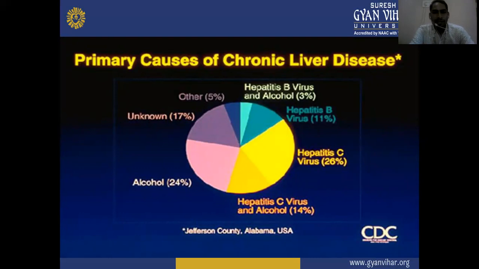Next, primary causes of chronic liver disease. The largest share is hepatitis caused by the hepatitis C virus, 26%, and 25% is hepatitis caused by excessive alcohol consumption. Next, 17% are unknown causes of hepatitis.